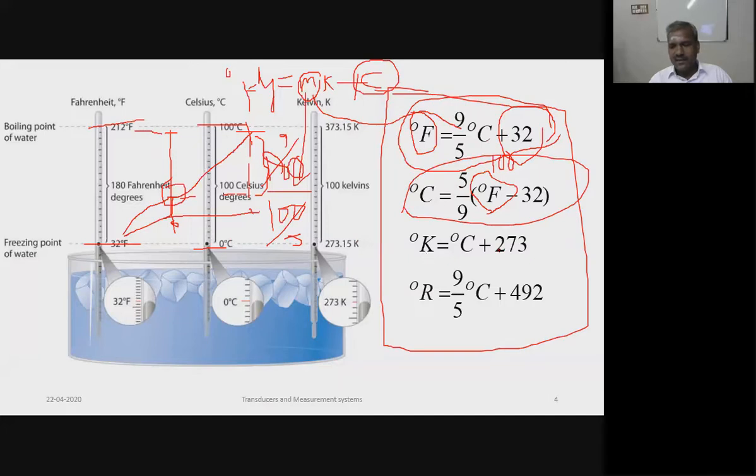Similarly, the Kelvin scale is simply computed from degree Celsius by adding 273.